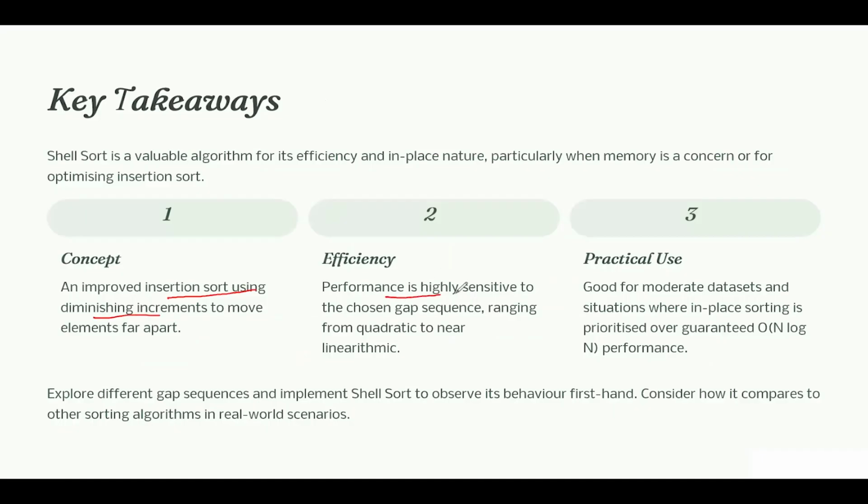Performance is highly sensitive to the chosen gap sequence, like we told again and again, and it is good for moderate data sets and situations where in-place sorting is prioritized over the guaranteed order of n log n performance. So these are the key takeaways which you can take from shell sort.